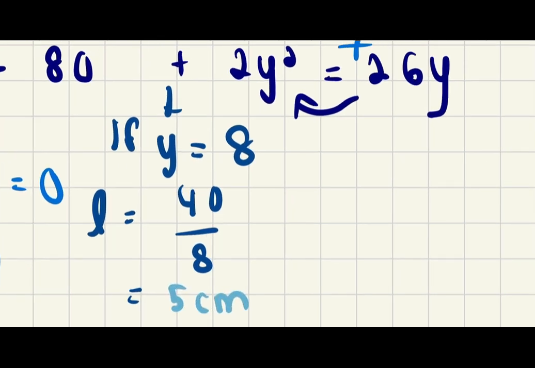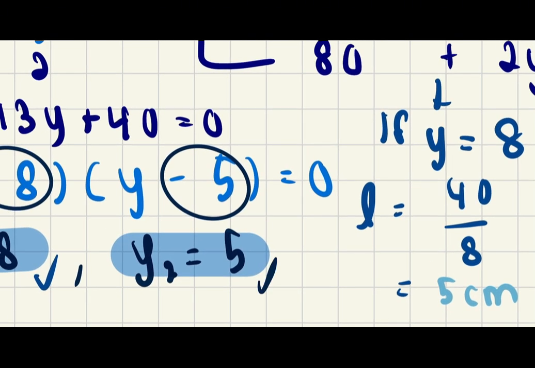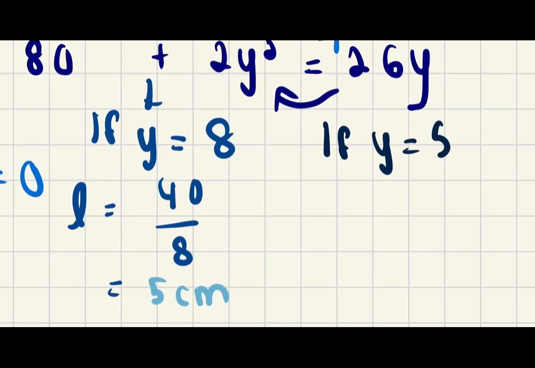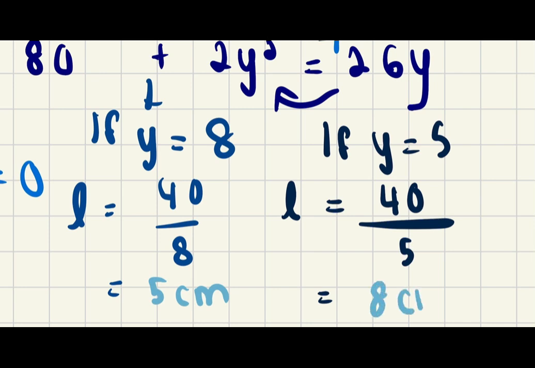Then you write another one here. If y equals 5, the length is equal to 40 over 5, which gives 8 centimeters.